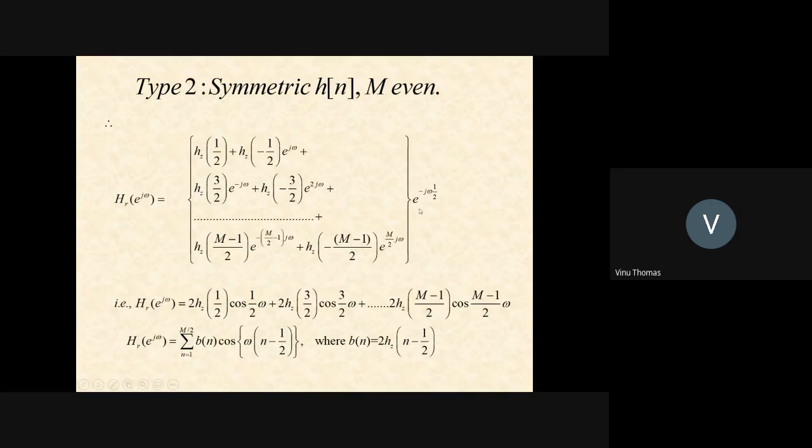And the entire thing has to be shifted by half sample to the right, so I will multiply this by e^{-jω(1/2)}. So this I will group like this.